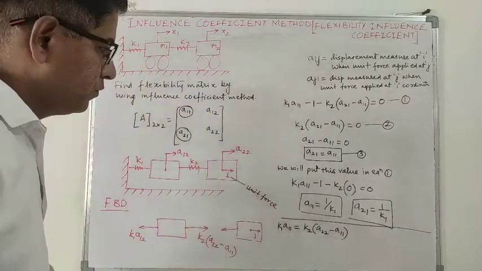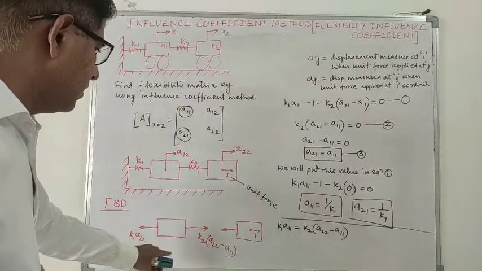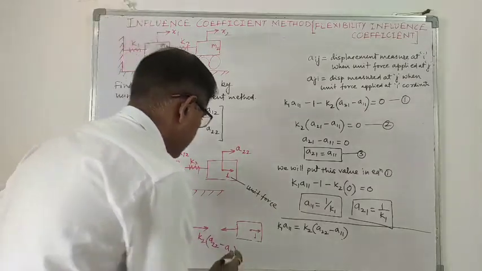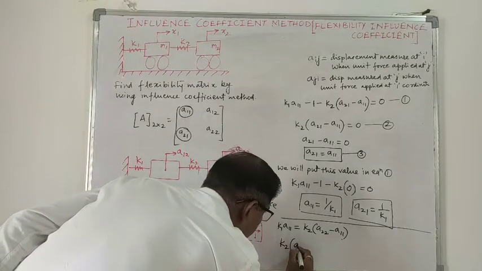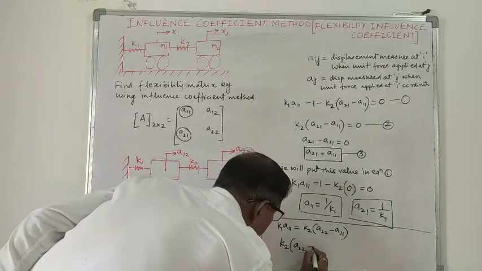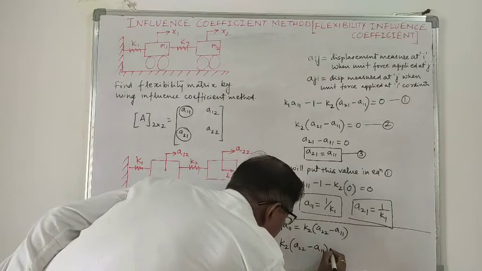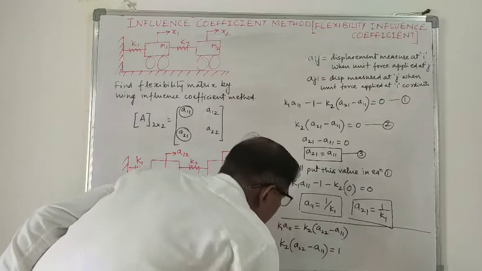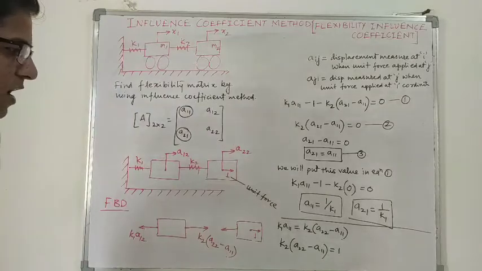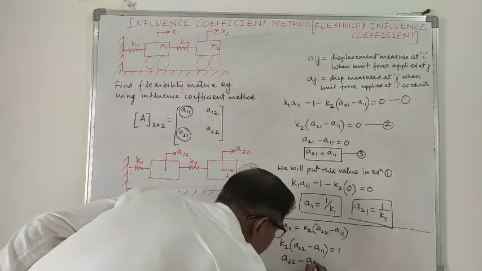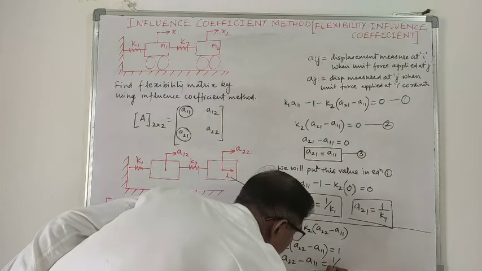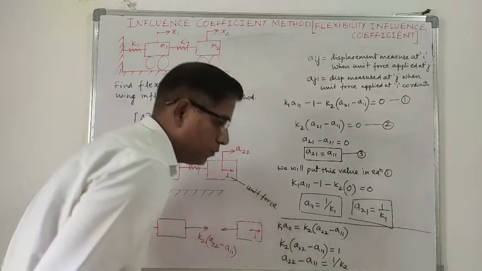Okay, and the second one is K2 into A22 minus A12 is equal to 1, and this is A22 minus A12 is equal to 1 upon K2.